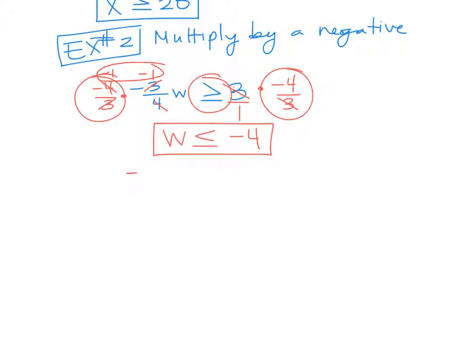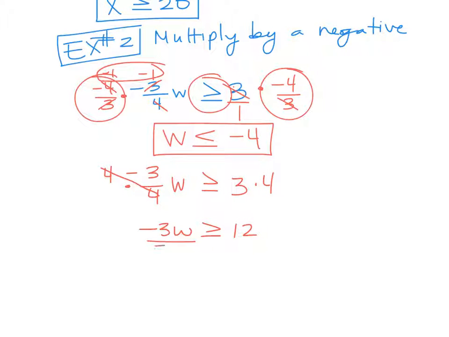Yeah, so if we took it as -3/4 times W is greater than or equal to 3, if we multiply both sides by 4, then I would get -3W, right, because these cancel, is greater than or equal to 12, right? And then I would have to divide by a -3, and when I divide both sides by a negative, then W is greater than or equal to a -4.